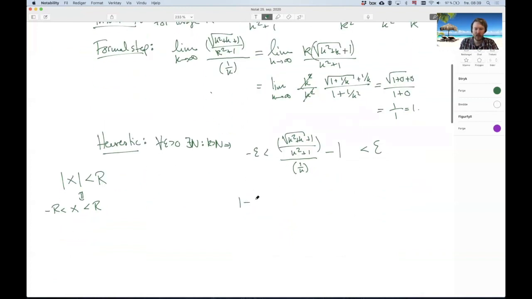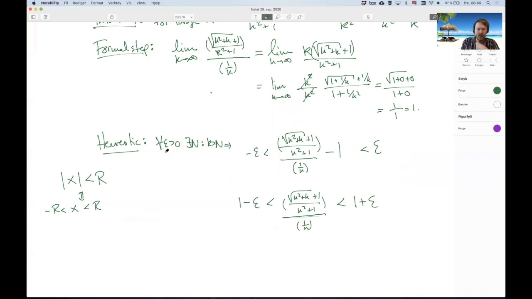So I'm getting 1 minus epsilon, and then this thing here. And adding 1 kills this, and I'm getting this. So now I know that whatever epsilon I choose, by choosing k large enough, I have this inequality. So this quotient will be as close to 1 as I want by choosing k large.